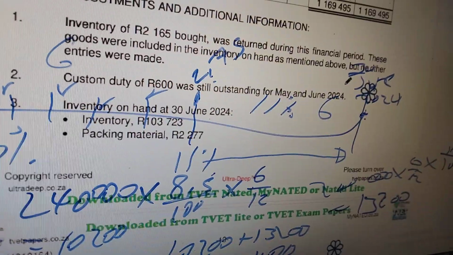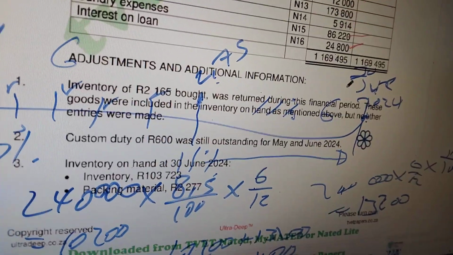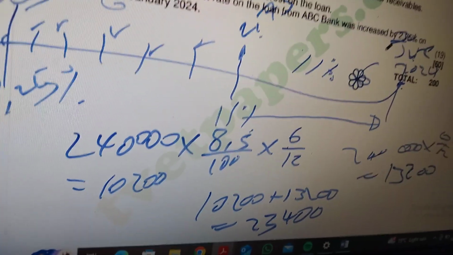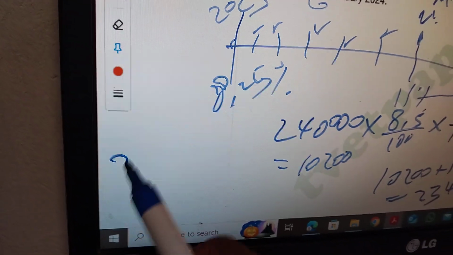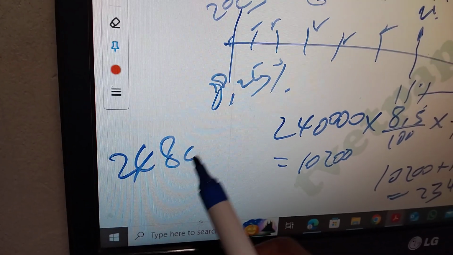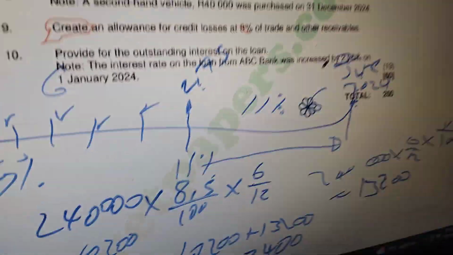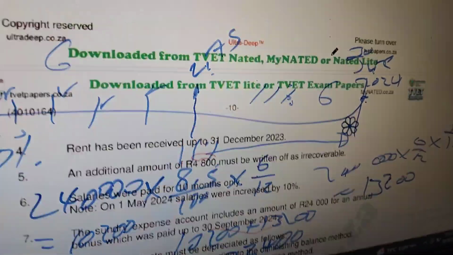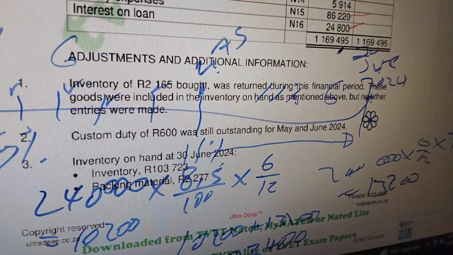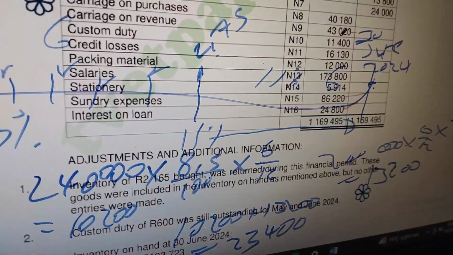Interest on loan 24,800. Something doesn't make sense here. 24,800 and then I have 23,400.